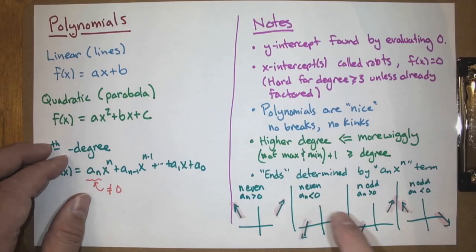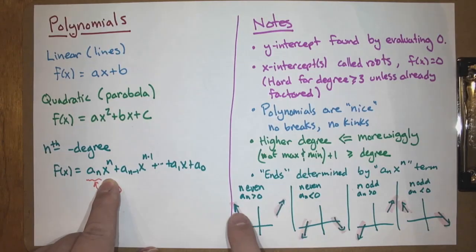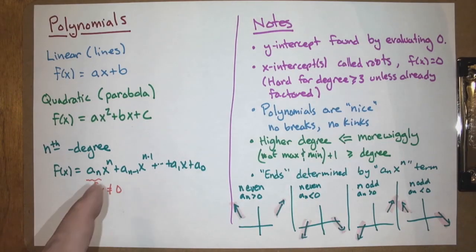On the other hand, if I have a negative to an even power, what's going to come out? Positive. And so that says the x to the n part is positive. So if the a sub n is positive, then I have to be positive. If the a sub n is negative, I have to be negative.